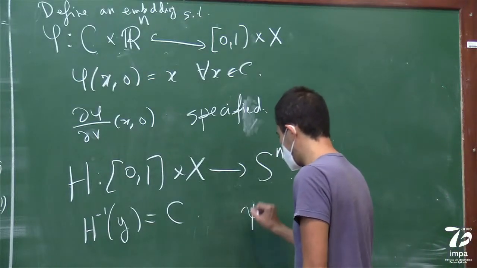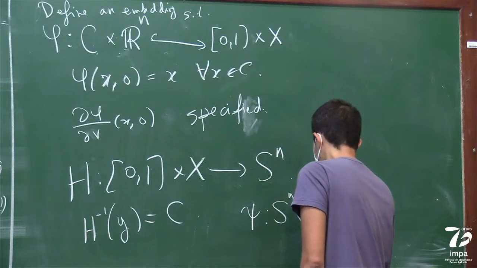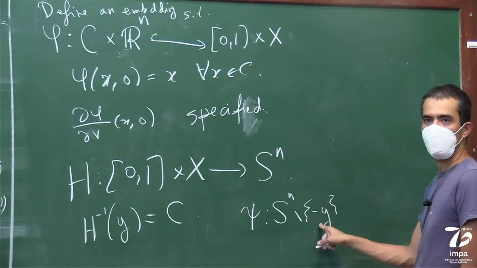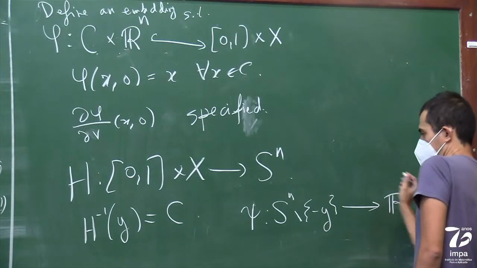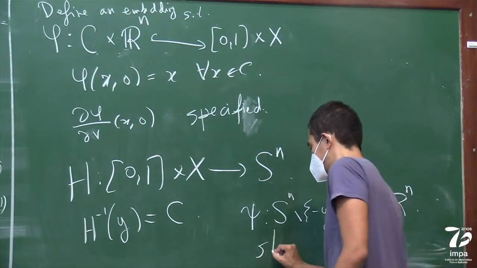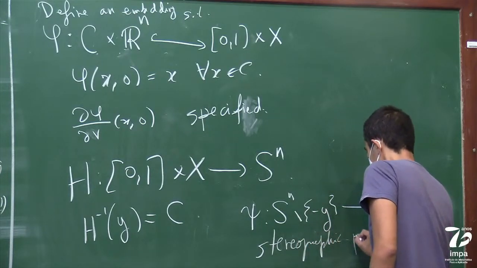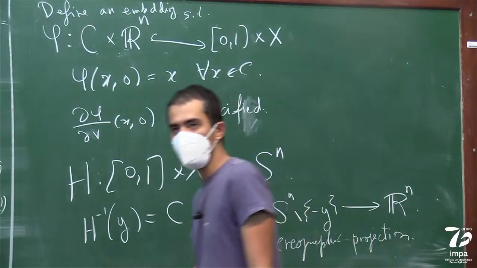So I'm going to define psi, which is the stereographic projection, from Sn minus, and I remove negative y, and take this to Rn. And the stereographic projection is very nice.